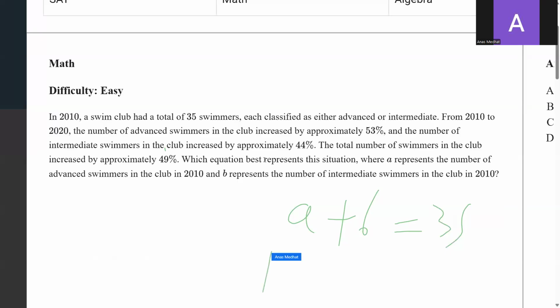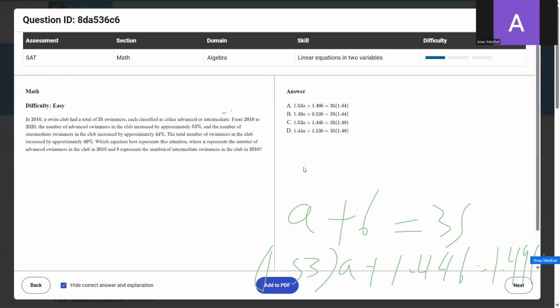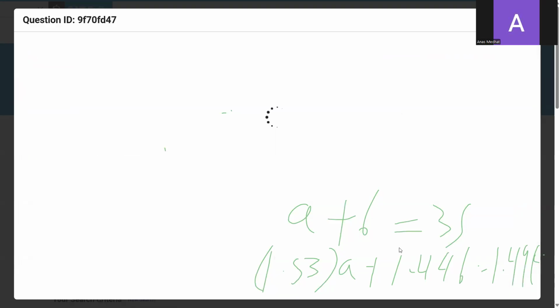So it will be 1.53 times A plus 1.44 times B equals 1.49 times 35 is the answer. So it should be C.